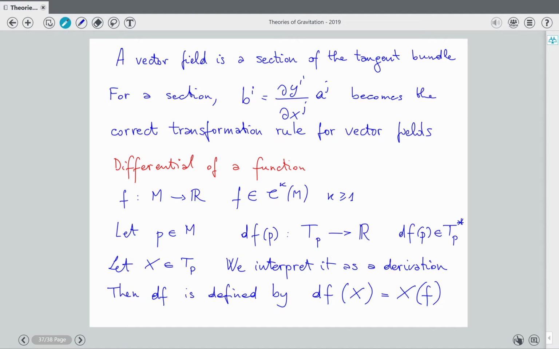You consider the tangent space and the dual of the tangent space, which is a set of linear maps on Tp, from Tp to R. And the differential is the linear map that associates a derivation x with this object, df of x, which is obtained by acting with the vector field x on the function f.